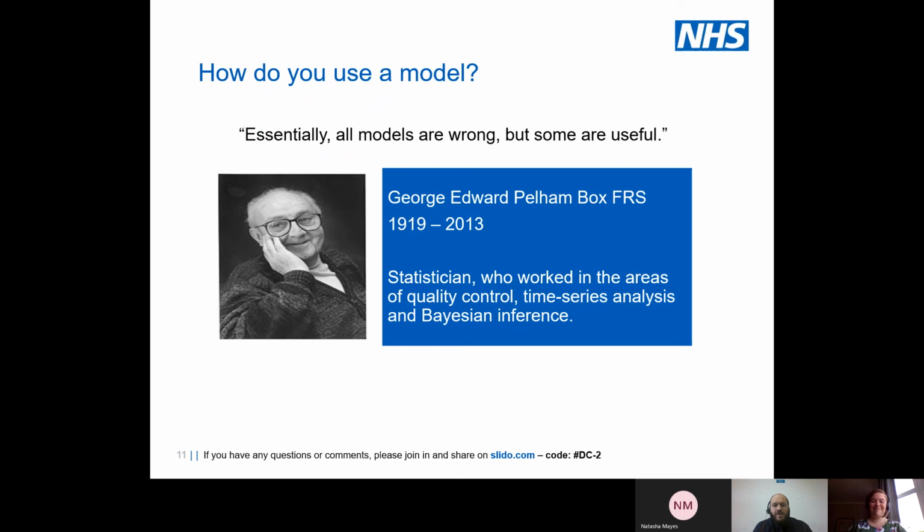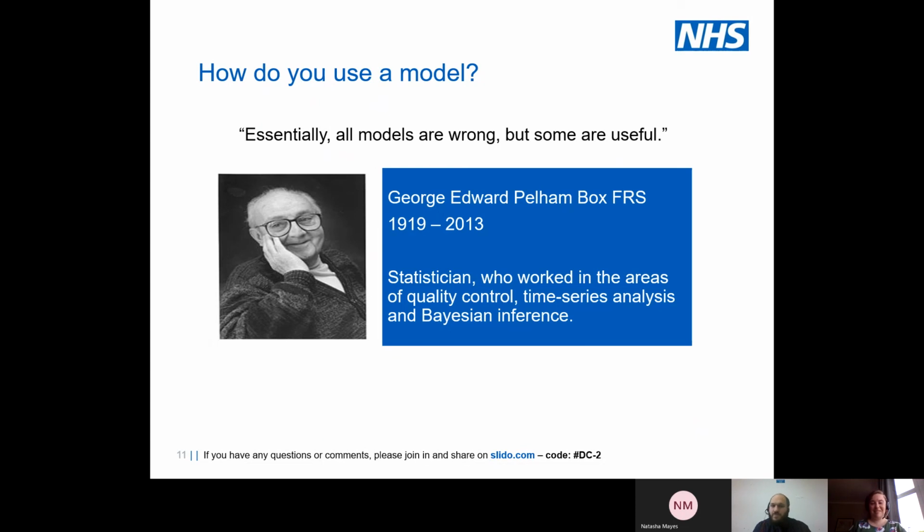The thing about models is that they are wrong by their very nature, because they are using the past to try to predict the future, and there will be things that it can't take into account, which I'm sure Alice will take you through in a second. But this quote from George Edward Pelham Box sums it up quite nicely.